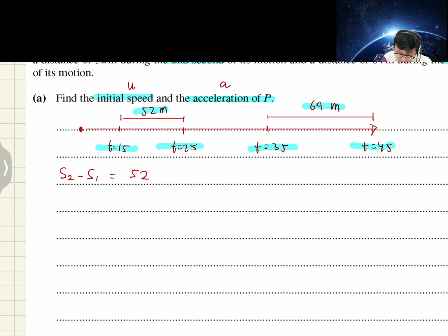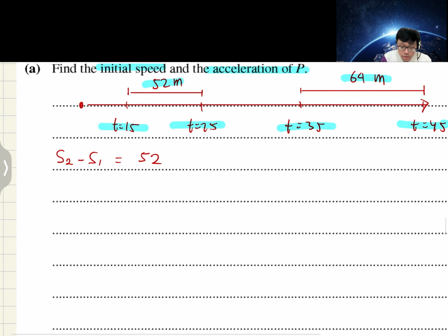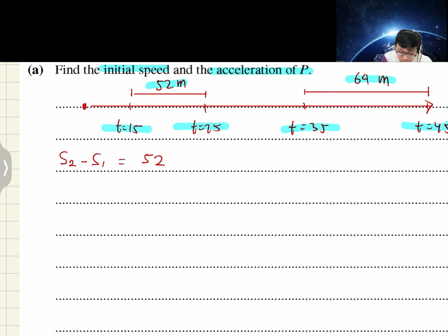So S2 is the displacement from 0 to 2. S1 is the displacement from 0 to 1. When you subtract, you will get the displacement here, S2 minus S1. So S2, we just use the third equation. We have UT, T is 2 seconds, so U times 2 plus half A times 2 square.